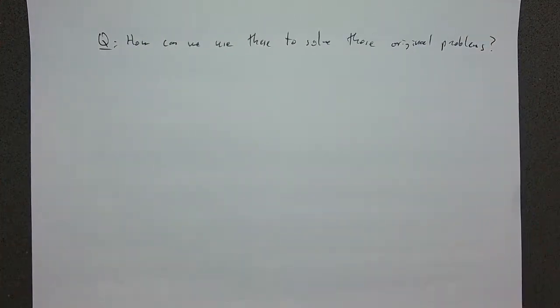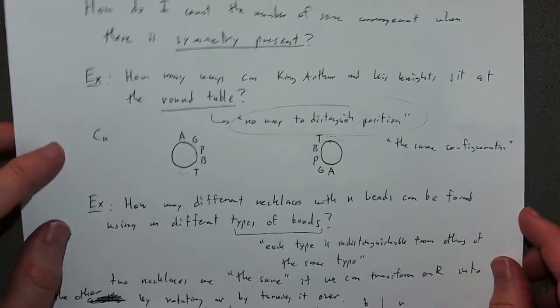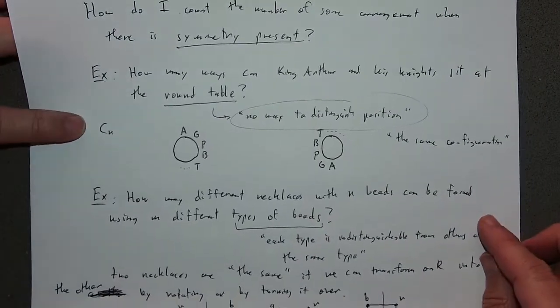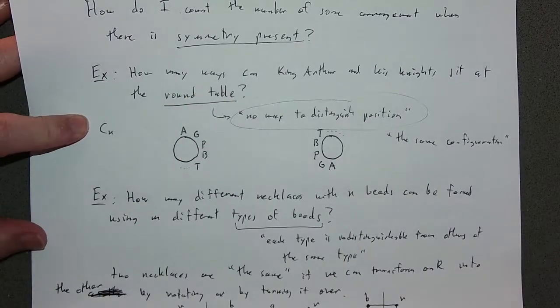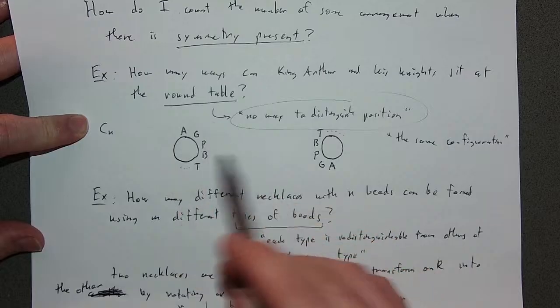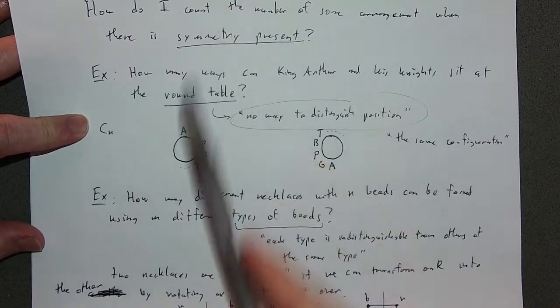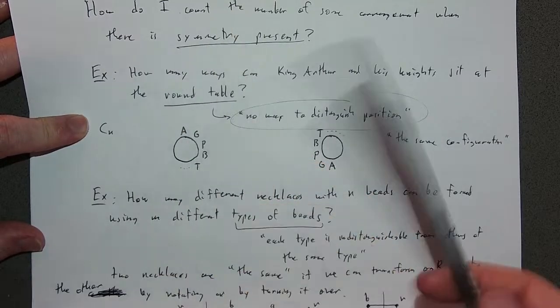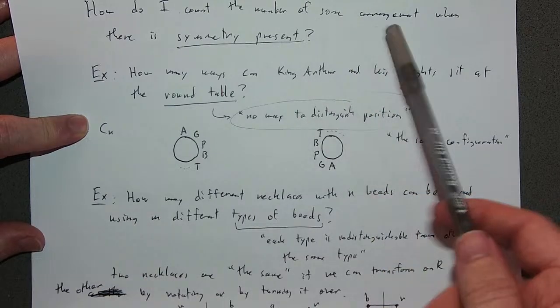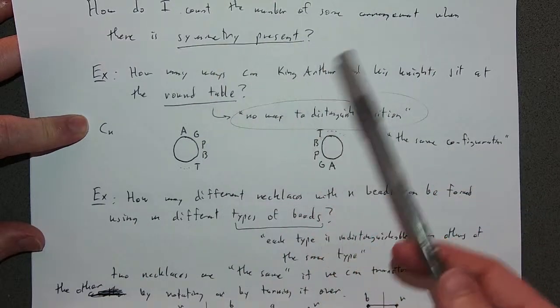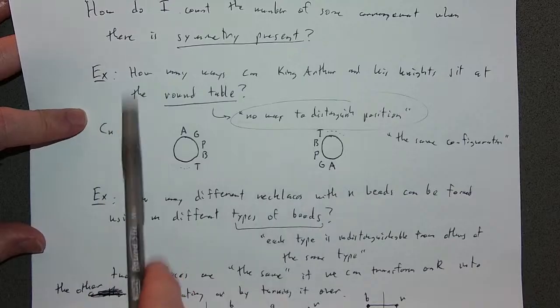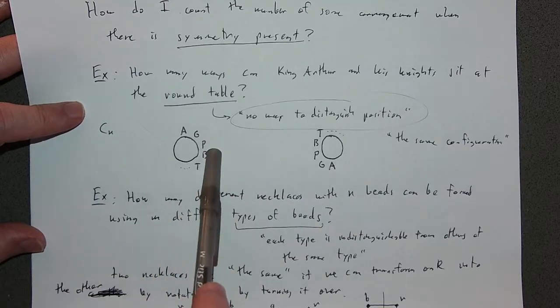So, let's go back to these original problems. So we had, how many ways can King Arthur and his knights sit at the round table? The symmetry that's present here, right? So we specifically phrased these problems in a way to illustrate what it meant to count an arrangement when there's symmetry present, okay? The symmetry present in this first example is rotational symmetry.